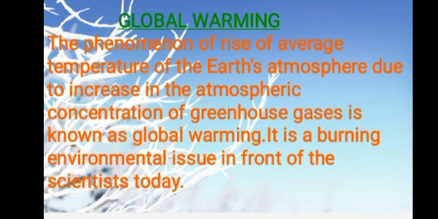The phenomenon of rise of average temperature of Earth's atmosphere due to increase in the atmospheric concentration of greenhouse gases is known as global warming. It is a burning environmental issue in front of the scientists today.